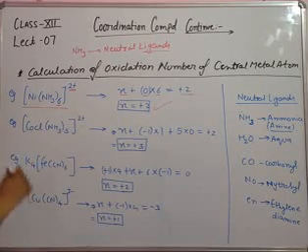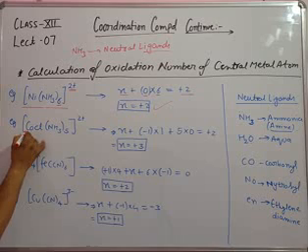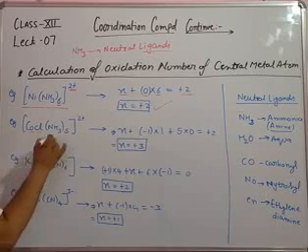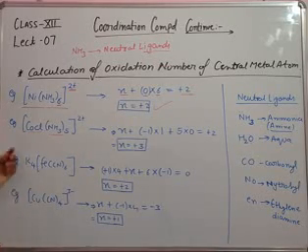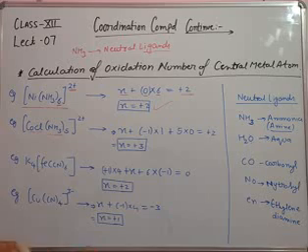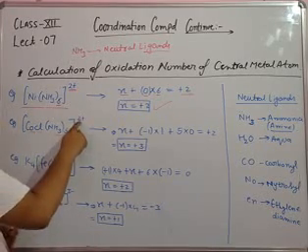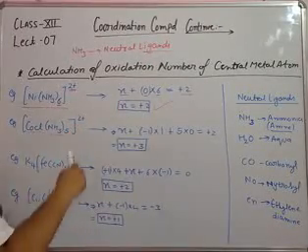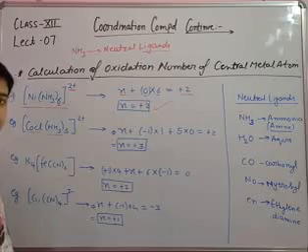Now on to the next question. In this case the cobalt is the central metal atom. Cl is a ligand and NH3 is a ligand. This is also an example of heteroleptic, which we discussed in the last lecture. The coordination entity charge is +2, and this +2 will be kept at the end of the equal sign.